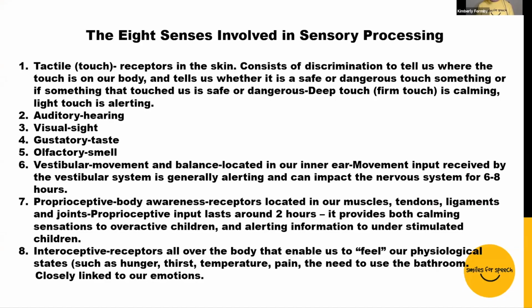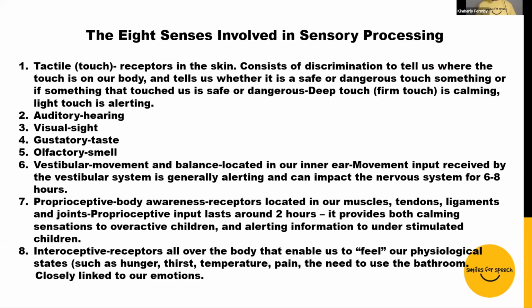Another thing that's important to keep in mind as we talk about sensory processing is that we're talking about 8 different senses that are involved, which is a lot to remember and a lot to keep in mind. Just briefly, we have senses that give us information about what's going on outside of our bodies, around us in our environment.